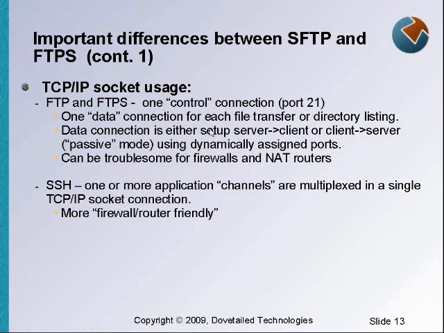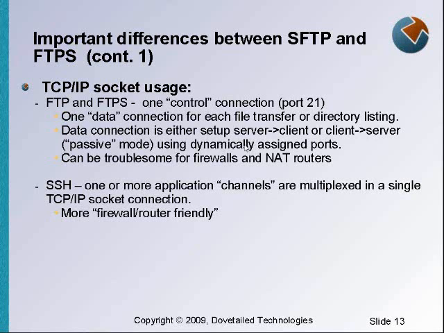And that connection can be set up, by default it used to be from the server back to the client, which is kind of unusual, or most people use passive mode, where the server tells the client what port to use on the control connection, and then the client opens a second connection on that port from the client.